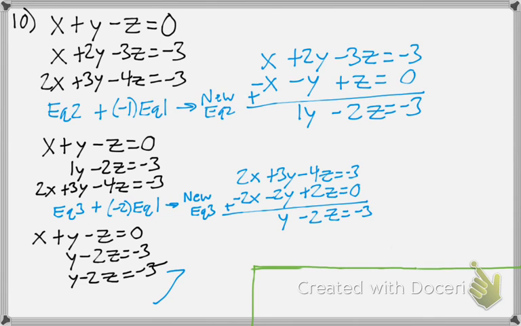So let me actually go to the next slide, and I want to do equation 3. Let's do plus a -1 times equation 2 to be the new equation 3.